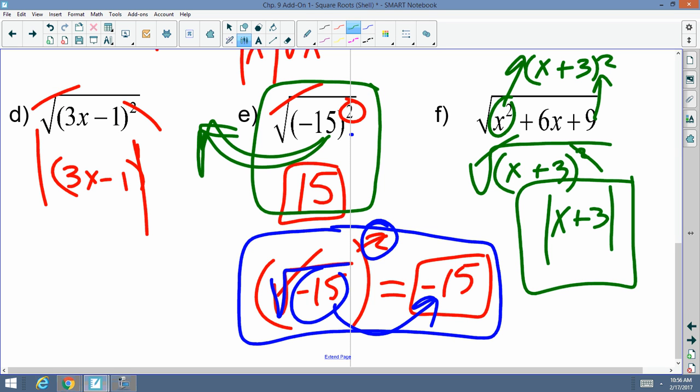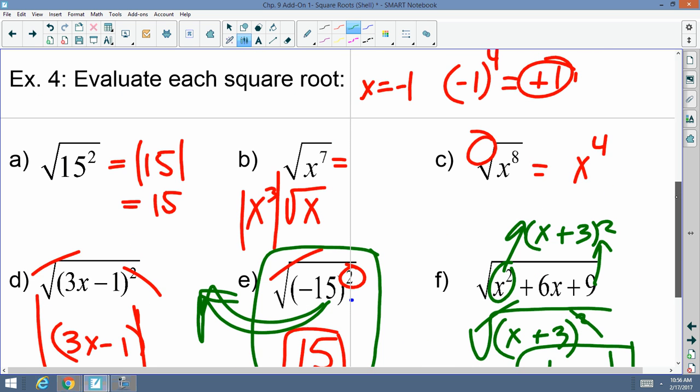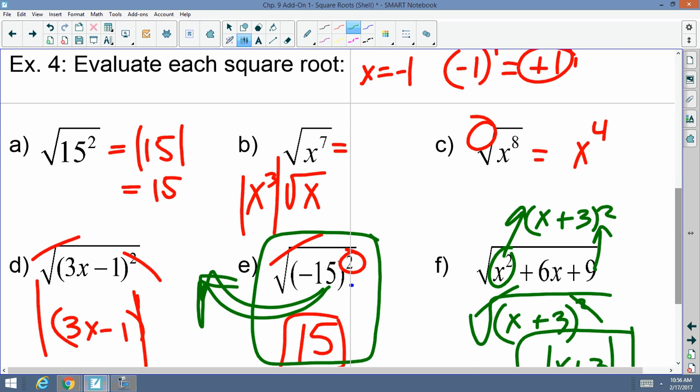Going back to B. Yes, sir. Execute absolute value with the radical x. Couldn't you just do x to the 3.5 as well? We're not there yet. We could do 3.5, but that's because you knew that it was x to the 3 times x to the 1/2. But I don't know that yet.